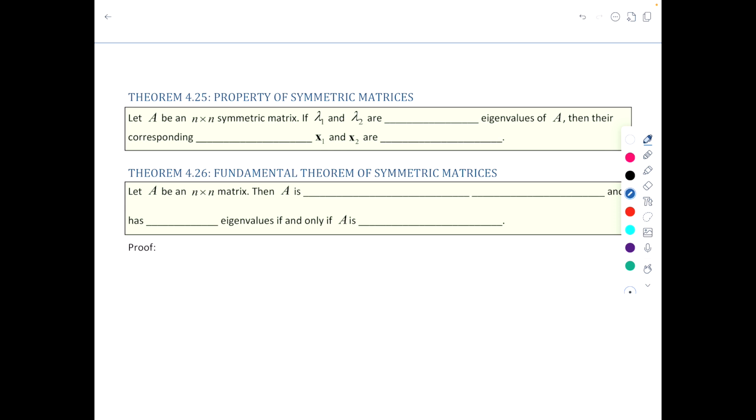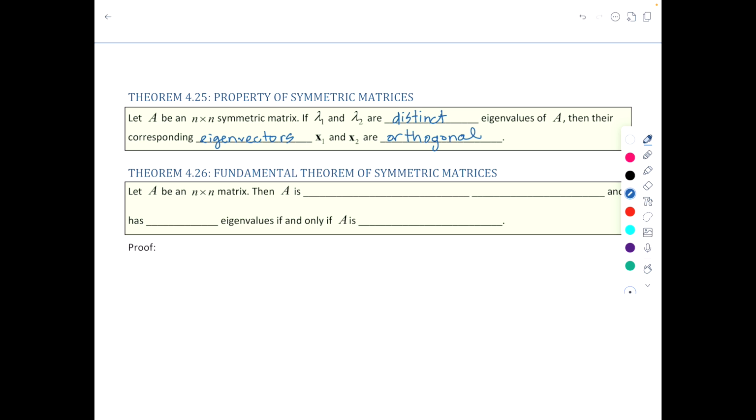Property of symmetric matrices. Let A be an n by n symmetric matrix. If lambda 1 and lambda 2 are distinct eigenvalues of A, then their corresponding eigenvectors x1 and x2 are orthogonal, which is really cool. So if the eigenvalues are distinct in a symmetric matrix, then we know that the eigenvectors are orthogonal.